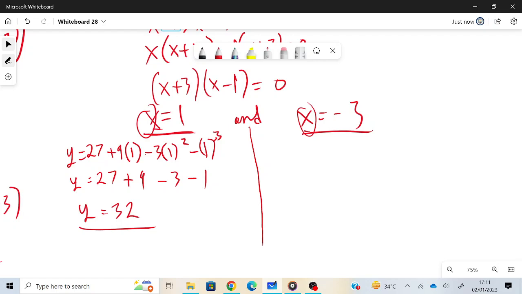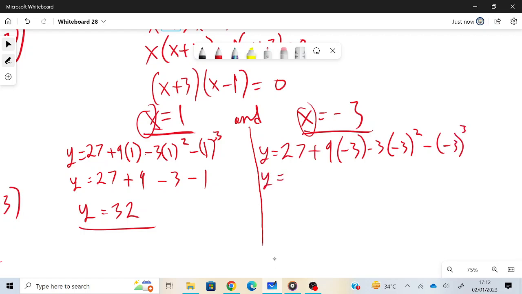Now let's say when x is minus 3, y equals 27 plus 9 into minus 3 minus 3 into minus 3 squared minus minus 3 cubed. Bunch of minuses there.